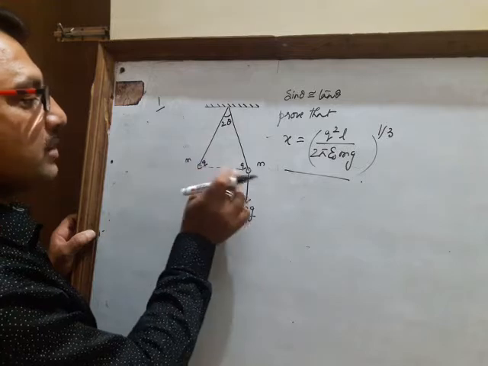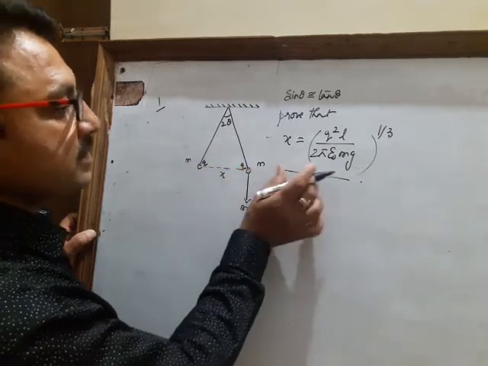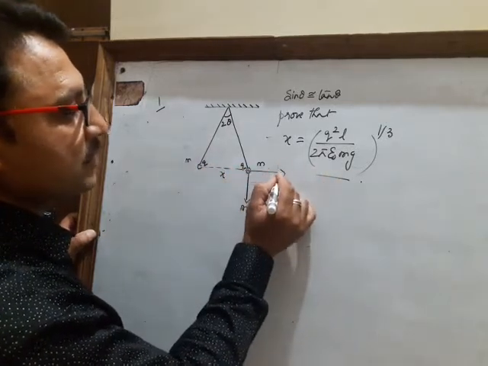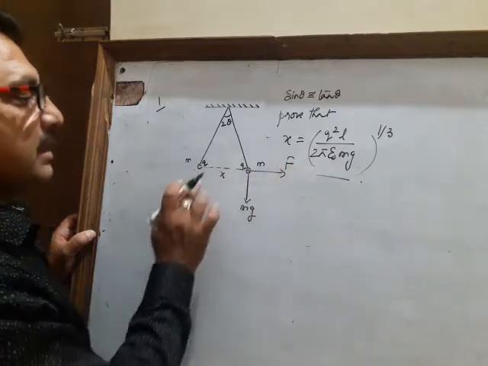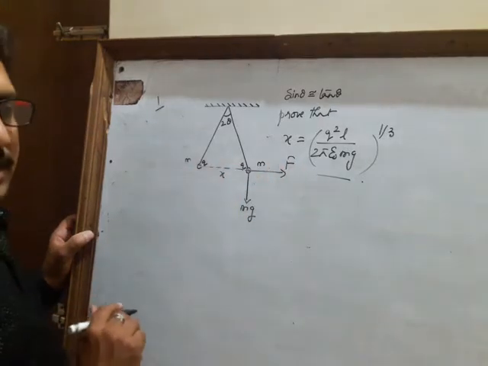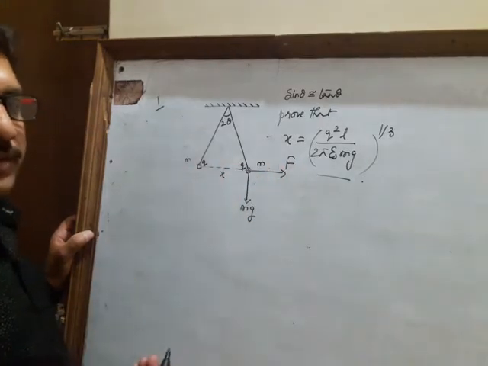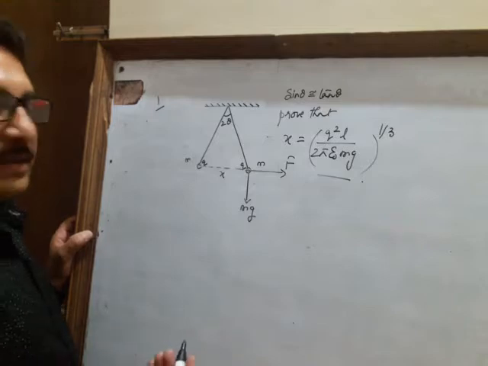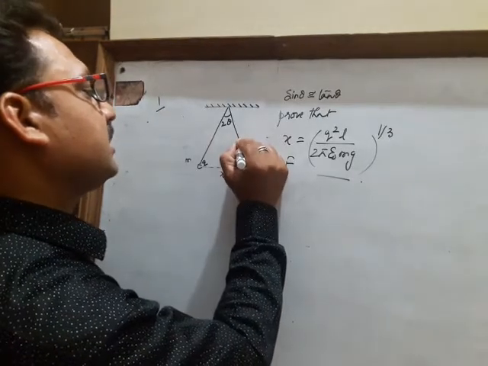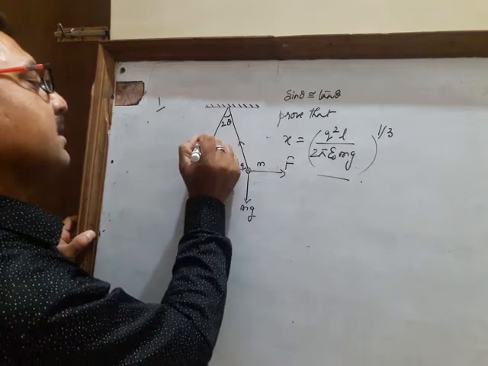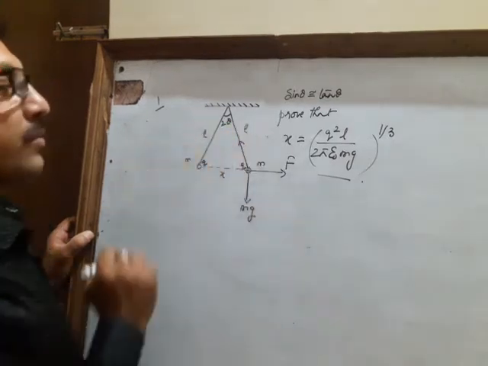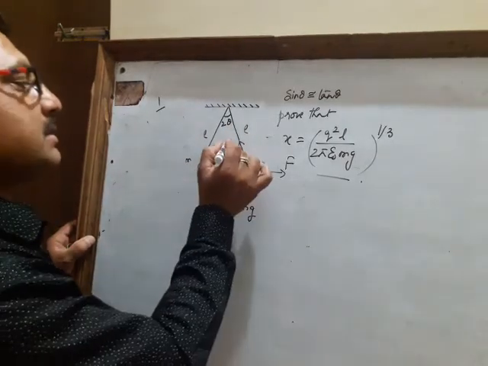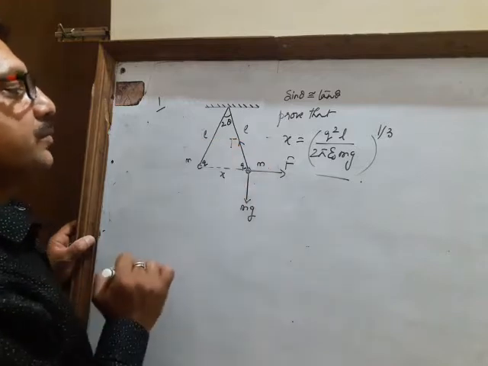There is a force of repulsion between these two charges, the Coulombian force F. This is the direction of the Coulombian force. Now one more force which is left in the system, and that is the tension in the string. These strings are of length L each. So this is the tension in the string.